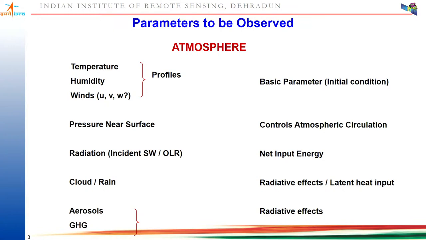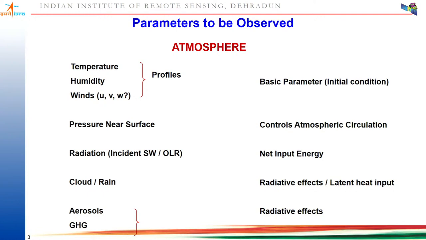Now, what are the parameters? So there are certain parameters. Because as you know, weather is the current state of the atmosphere, and climate is the long-term state of the weather. Therefore, there are certain factors or parameters which determine the state and condition of the atmosphere.